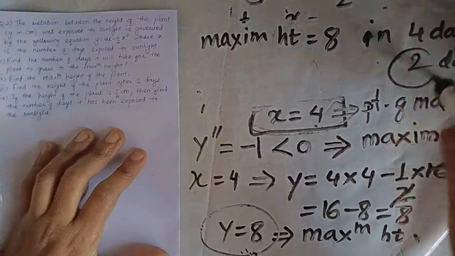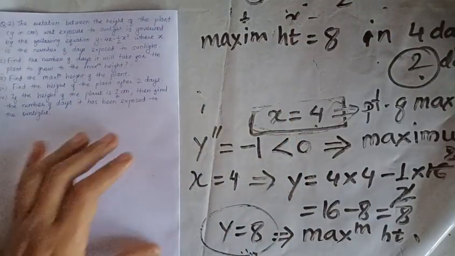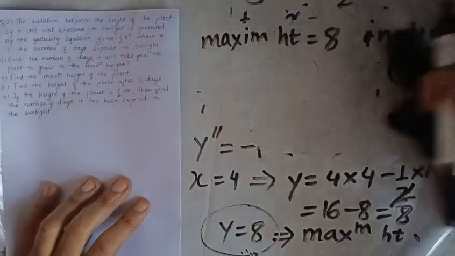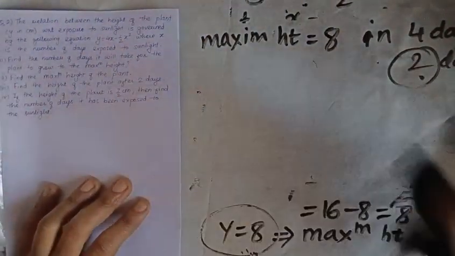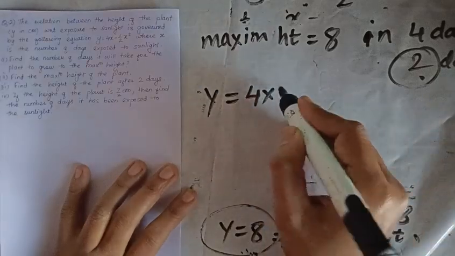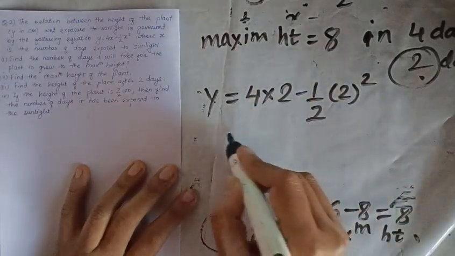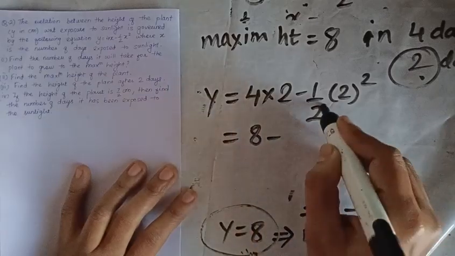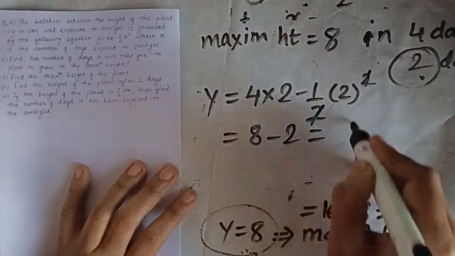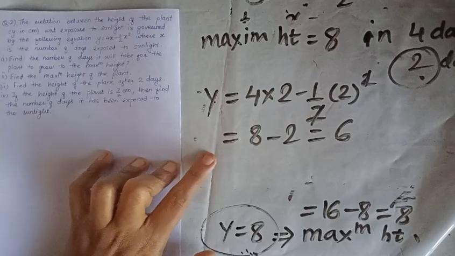We have to put this 2 in the original equation. So we'll get y equal to 6. So this is the height after 2 days.